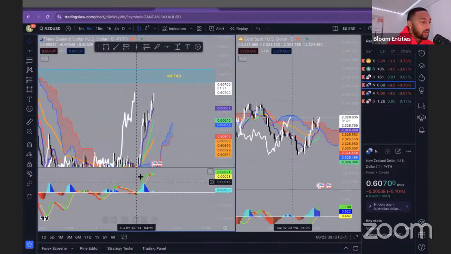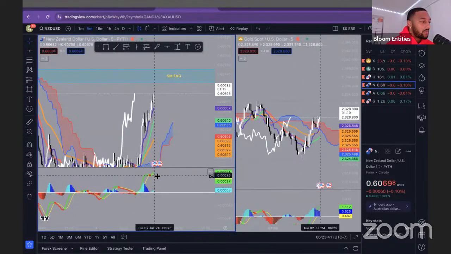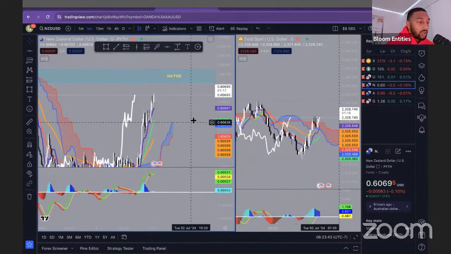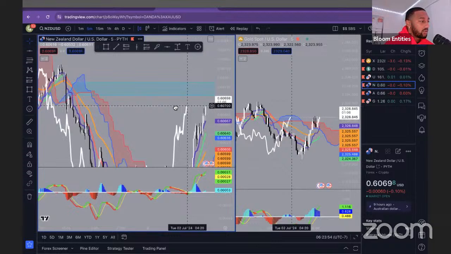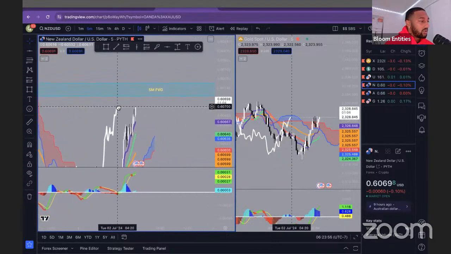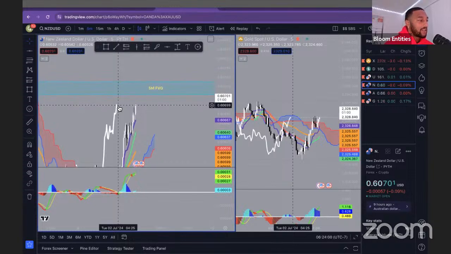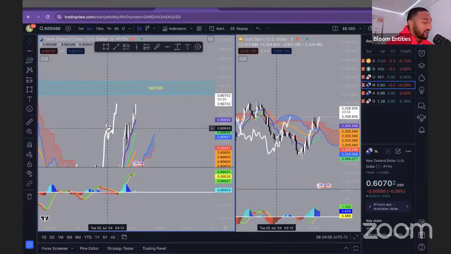Relativity is kind of getting up there on my MACD, but feeling confident I'll be able to squeeze out some profit here, because it's not a guessing game. Squeezing out profit can seem like a guessing game, like you're hoping, but I feel like I have good analysis here.